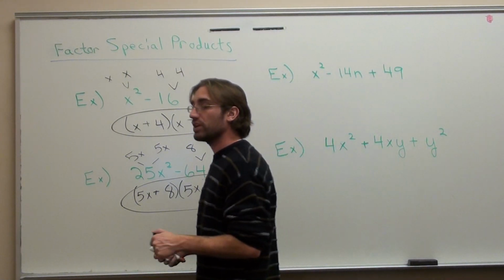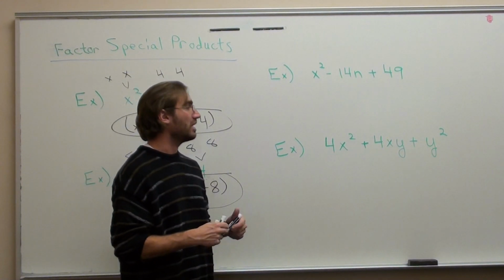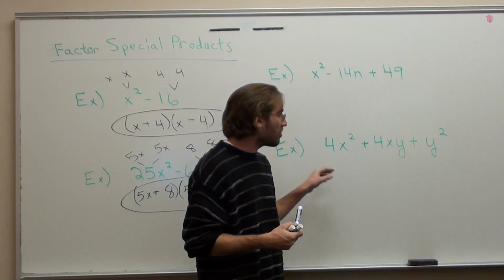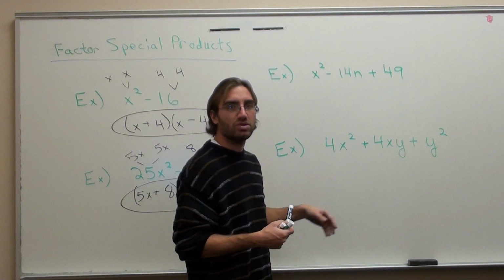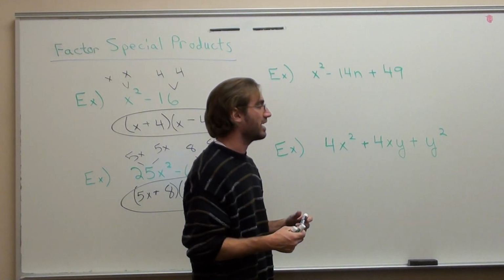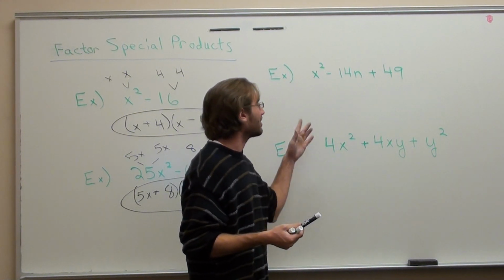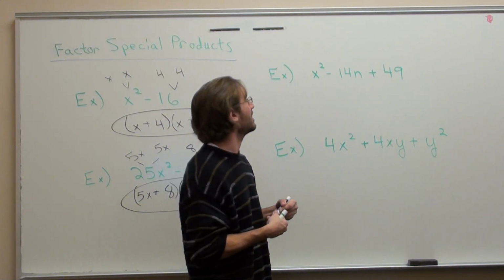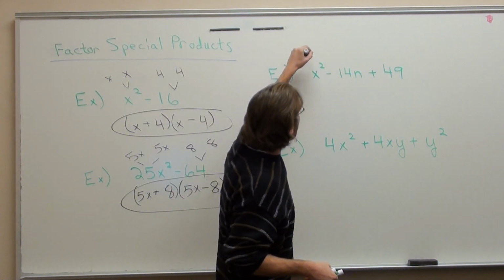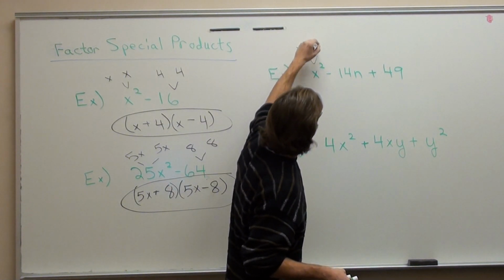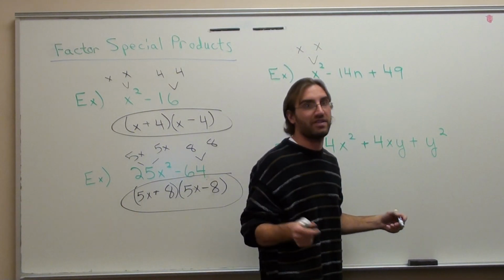The last one is trinomials that happen to work out pleasantly. You don't have to use that really nasty looking method that we used on the other ones. Well, I'll show you. It'll make more sense when you see it. See, what times what is x squared? x and x. What times what is 49? 7 and 7.